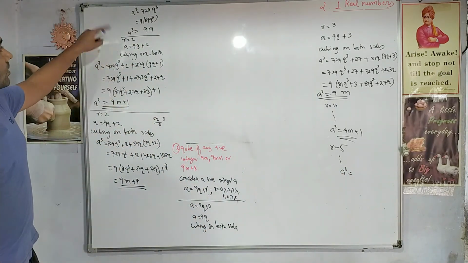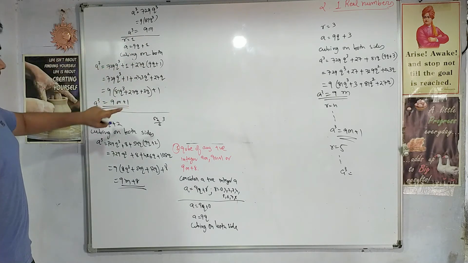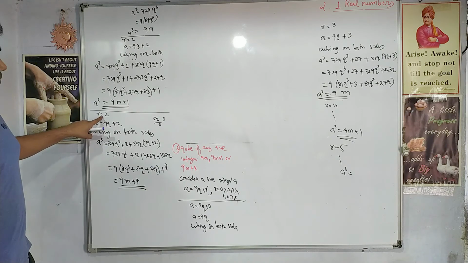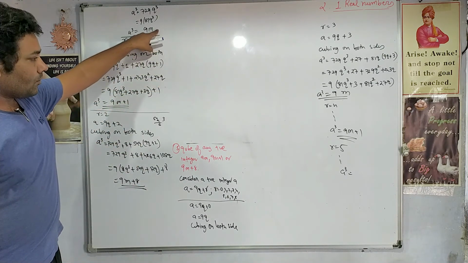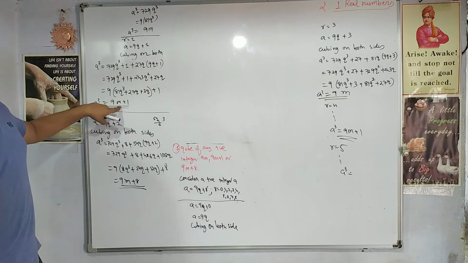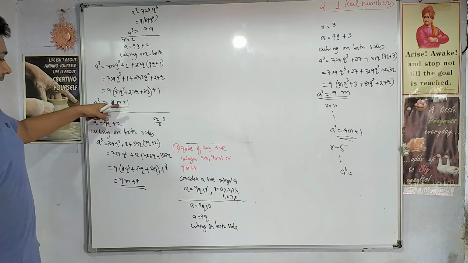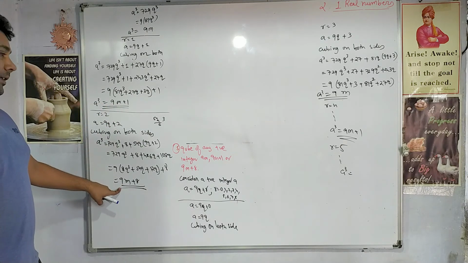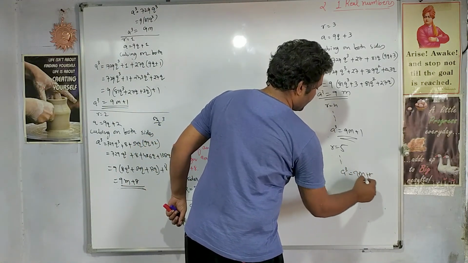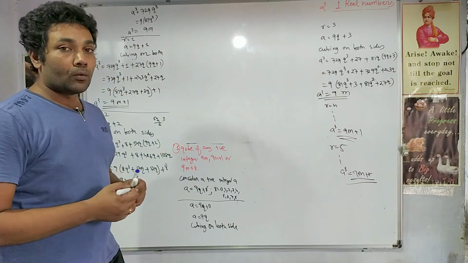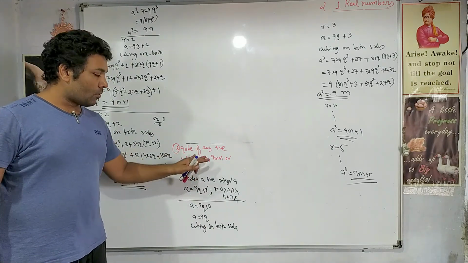When I took 0 I got 9m, when I took 1 I got 9m plus 1, when I took 2 I got 9m plus 8, for 3 again 9m, so 4 obviously must give 9m plus 1, and 5 must obviously give 9m plus 8. So this is how we can prove using Euclid's method. This is how we have used Euclid's method to show some of the properties.